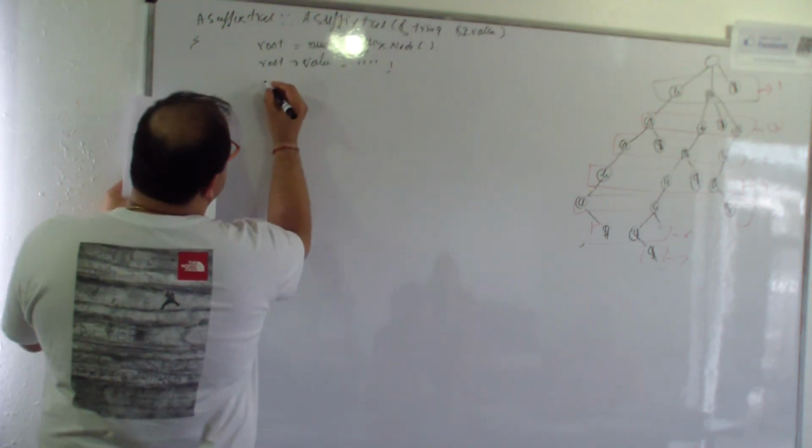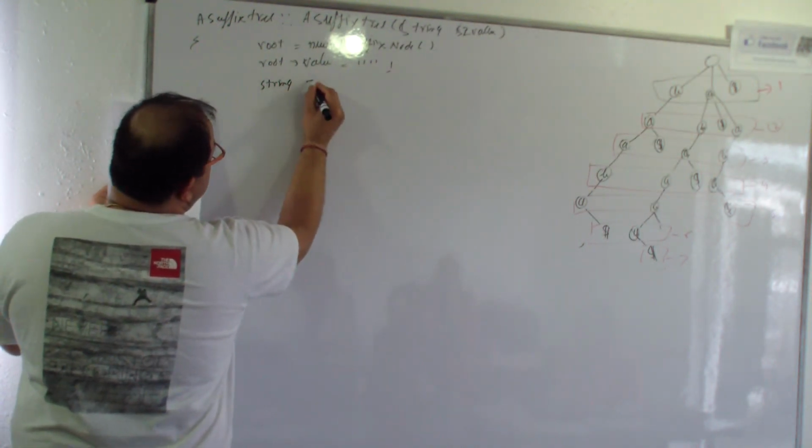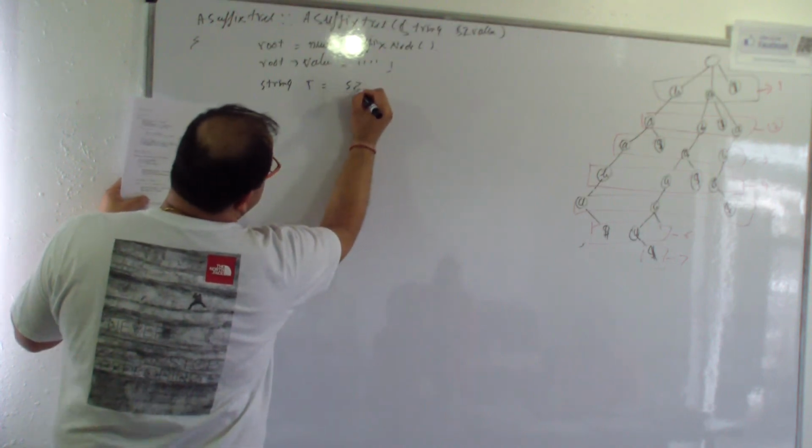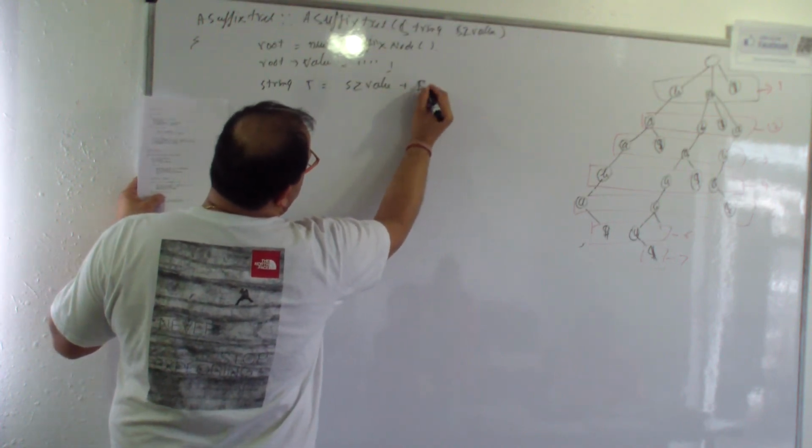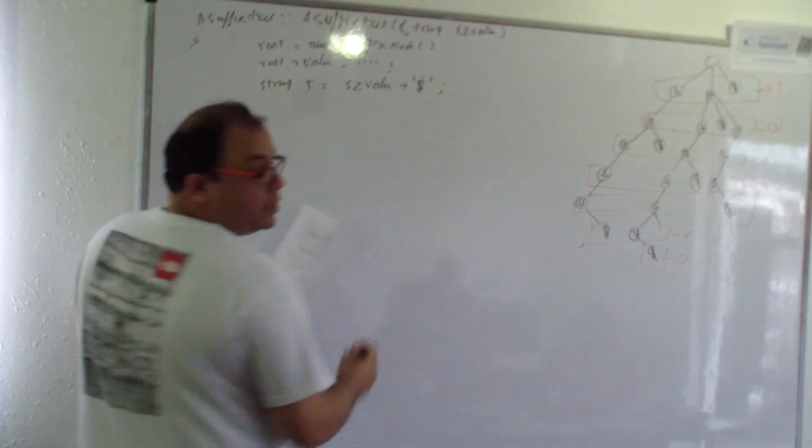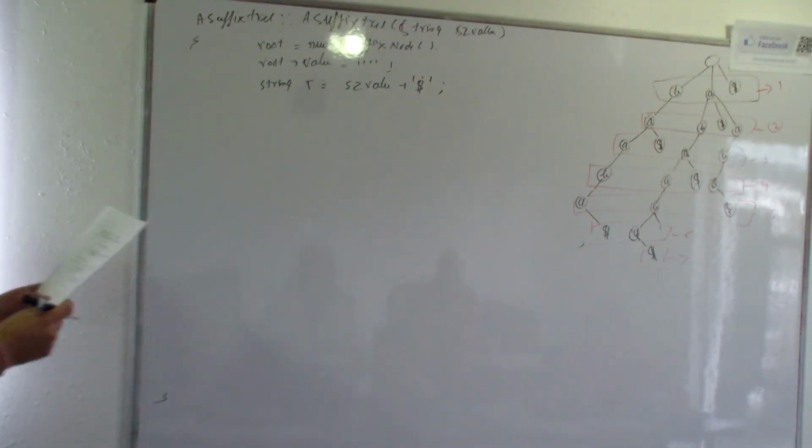Then we'll say string t is equal to the value plus dollar. So we added a dollar at the end of the string.